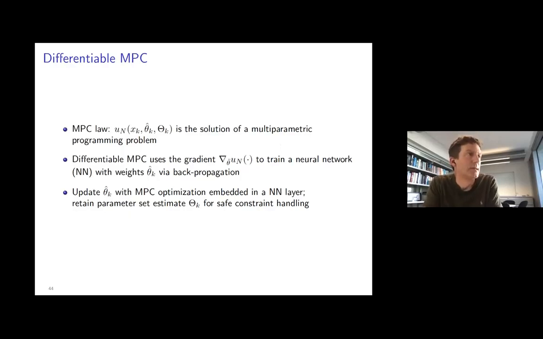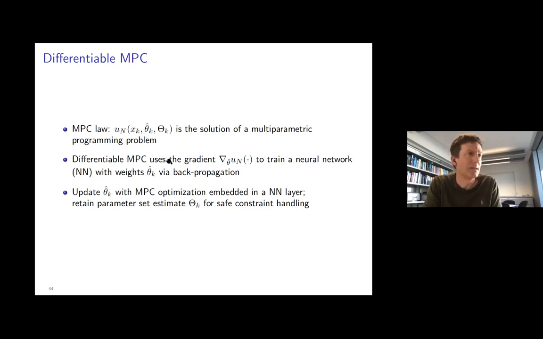So one way of doing this is to consider the MPC law as the solution of a multiparametric programming problem, where if we can examine the optimality conditions, we can work out how the optimal solution will depend on the parameter estimate as we perturb it.